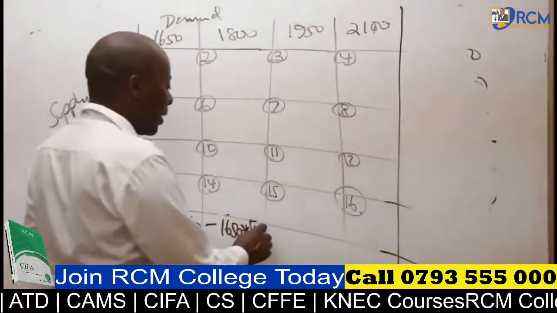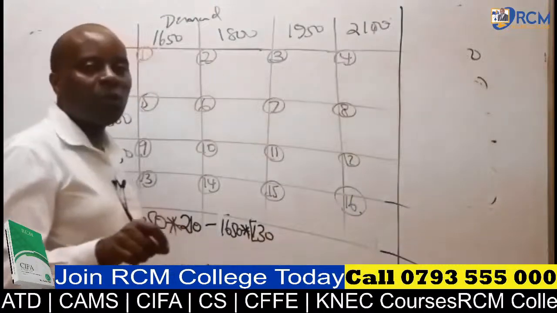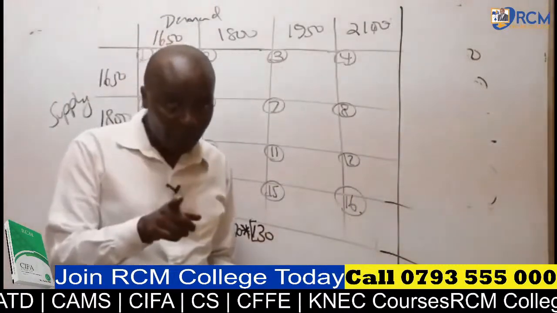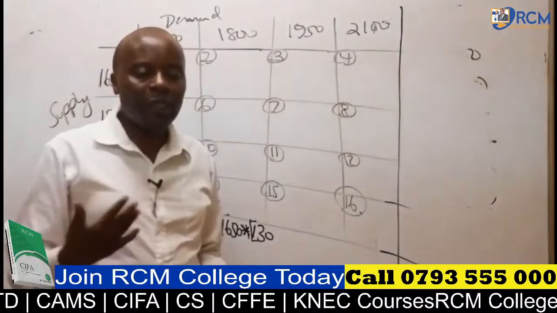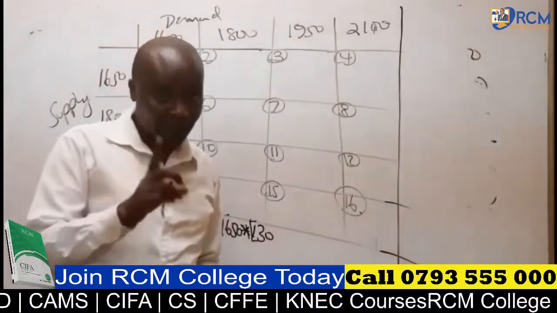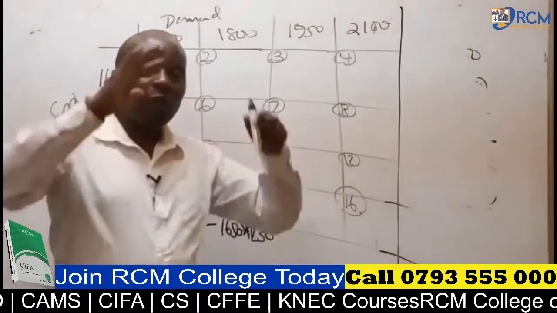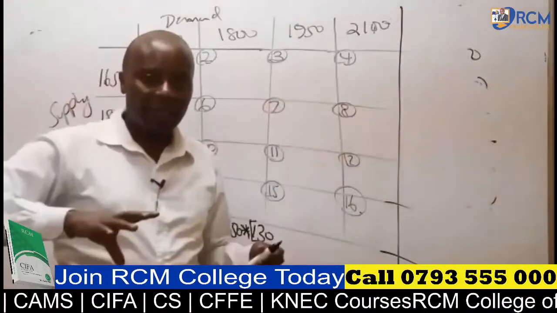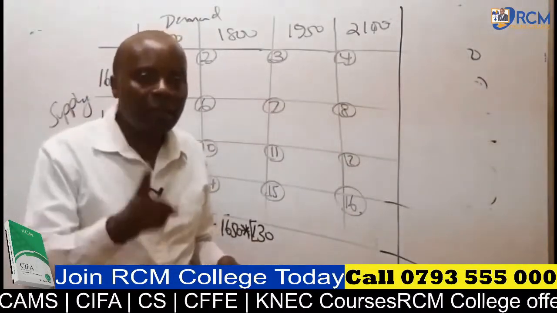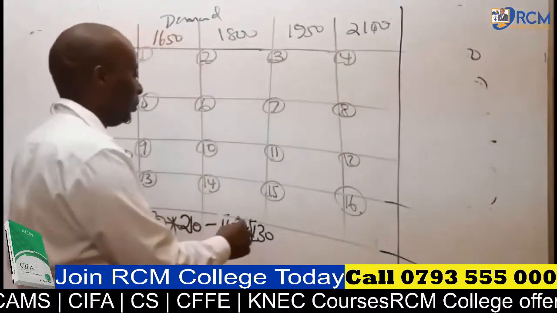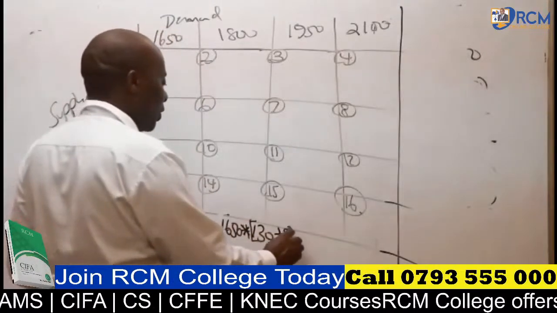But remember, apart from procuring them, we have 8 shillings, which is the cost of holding per bracelet. We buy them and we would want to hold them, so things like rent are absorbed into that 8 bob per unit. That 8 was forgotten by so many students.